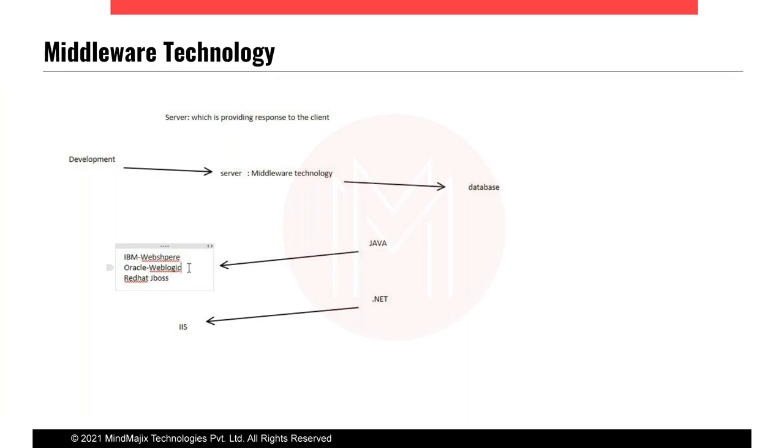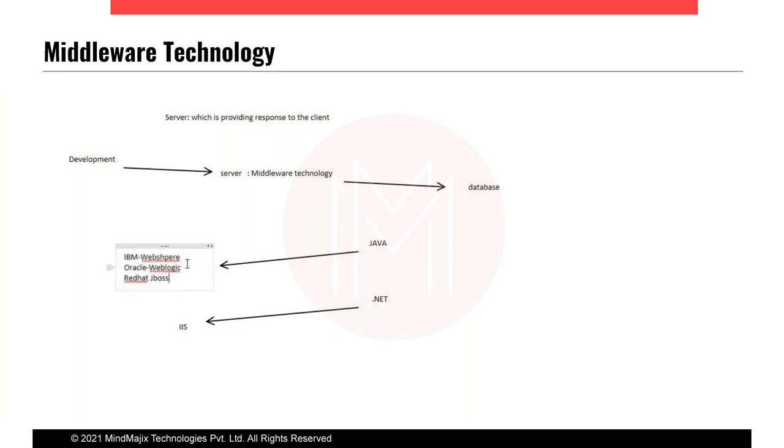And if you come to WebLogic, WebLogic provides flexibility to the applications. And JBoss is open source, and as per the customer request, as per the customer interest, they can choose. Why? Because this is the customer decision.